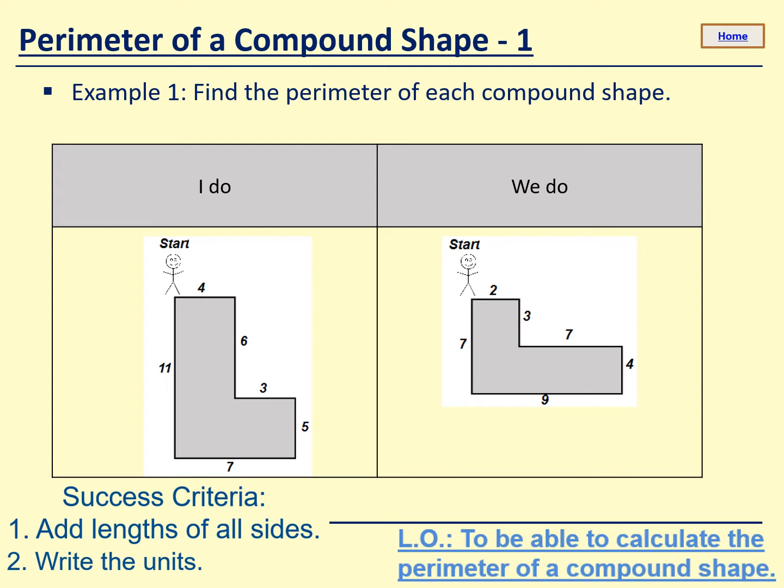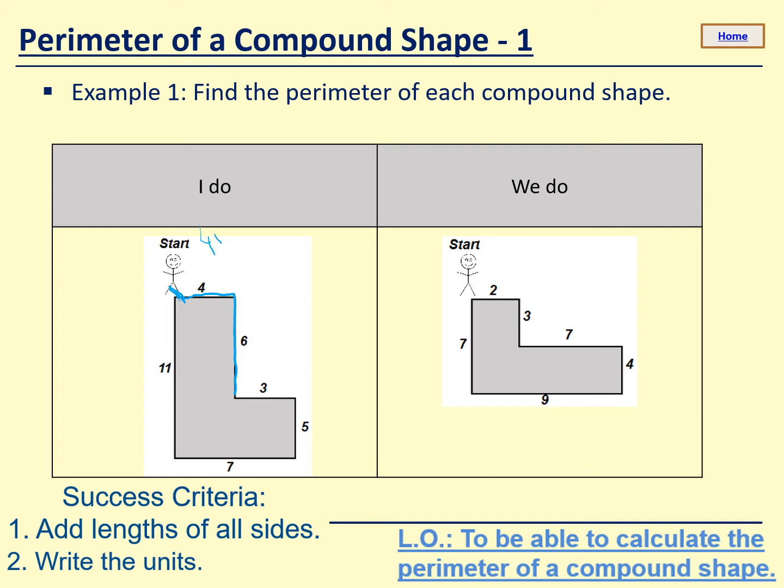Okay, so let's do the first exercise together. The learning objective for this part of the lesson is to be able to calculate the perimeter of a compound shape. To calculate perimeter, we have to work out the distance around this shape. So starting from one point, we go all the way around, adding all the numbers.